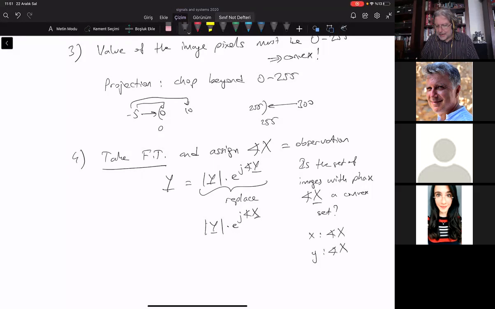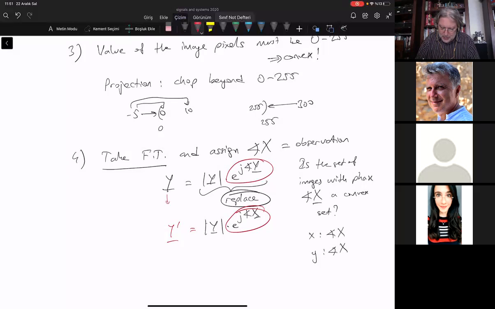And then replacement of the angle from this to this is the orthogonal projection, because it's the shortest projection. This one, y prime, let's say, is in the set of images with angle equals the angle of x, and it is the nearest to y.